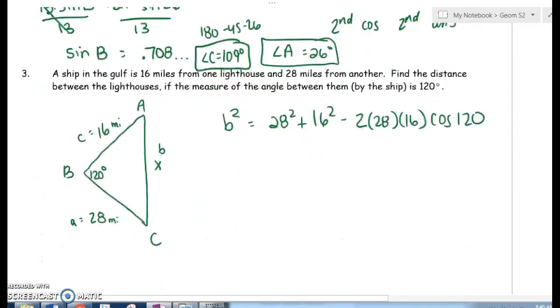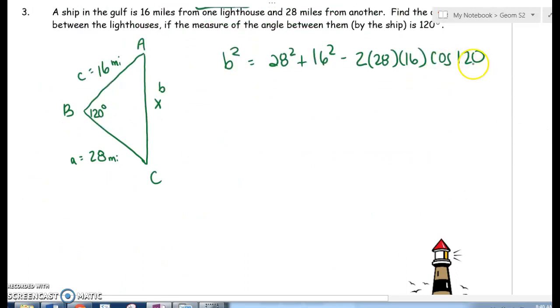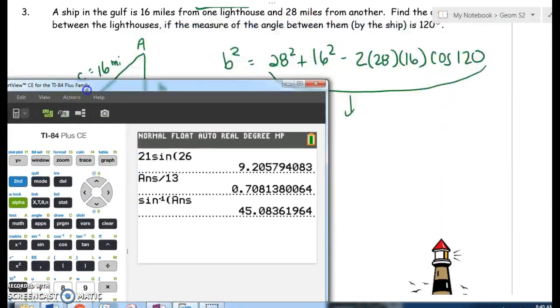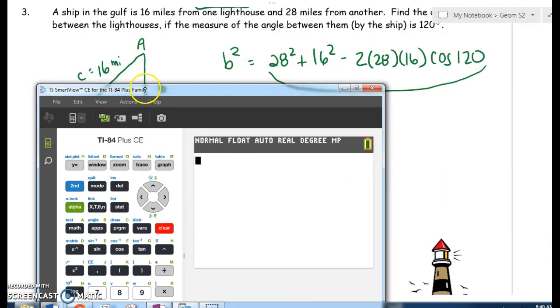Well, with this problem, we have an actual number with the cosine. So we can type this whole thing into our calculator. The only time you can't is if you have cosine of A or B or whatever. So we can type this in all at once on our calculator. And so that makes it kind of nice. It's a little bit easier than the one above.